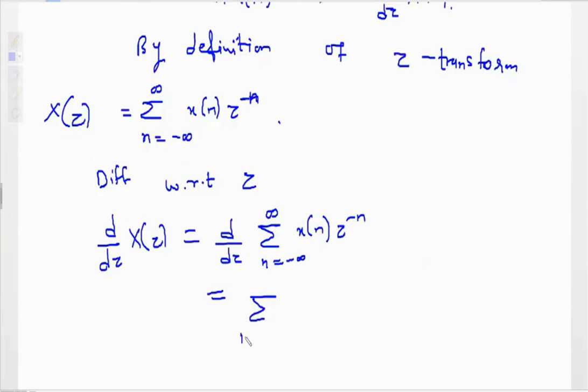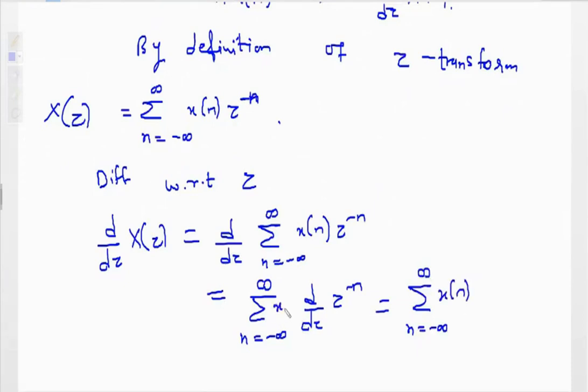So summation n equal to minus infinity to infinity x of n, then the derivative of z raised to minus n with respect to z. That derivative is nothing but minus n z raised to power minus n minus 1.